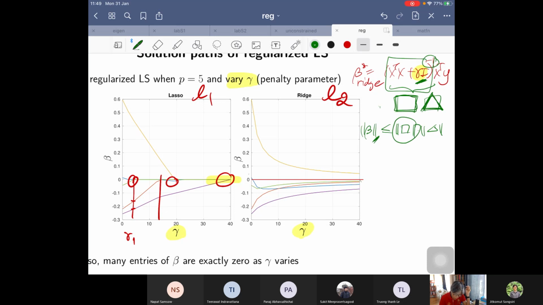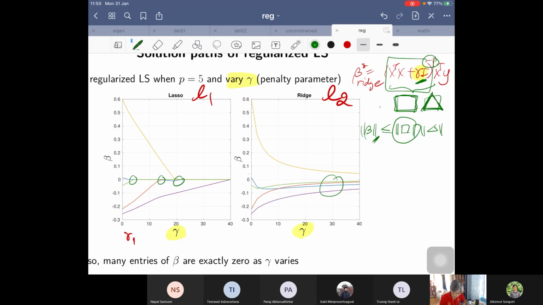And that's why we see that all the tail entries of beta have a smaller magnitude. But the main distinction between the ridge solution and the lasso solution is that the ridge entries are not exactly 0 if you look closely. Unlike the lasso solution, where the components of beta become exactly 0.